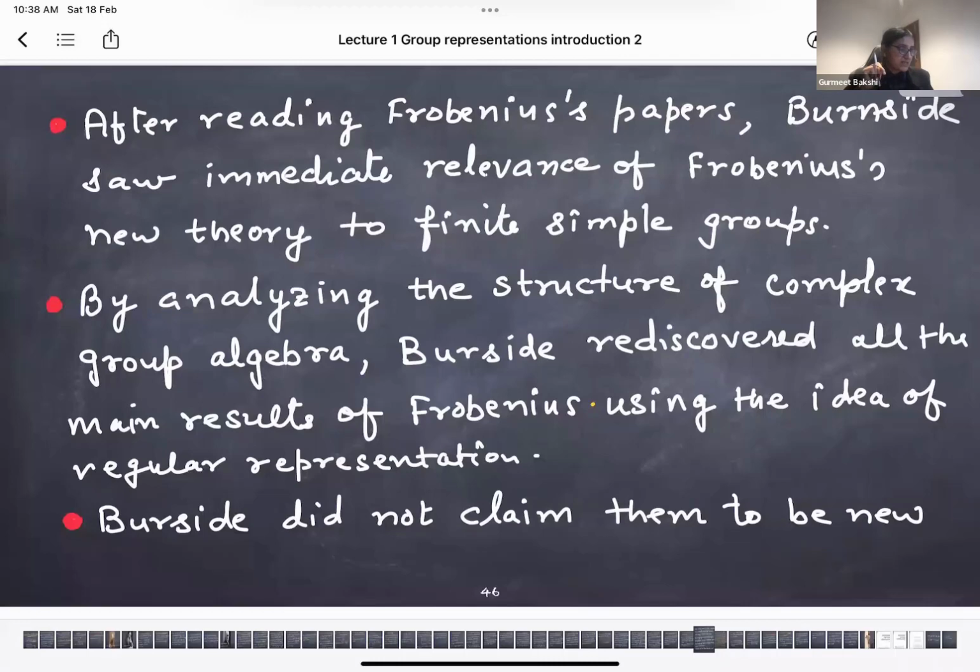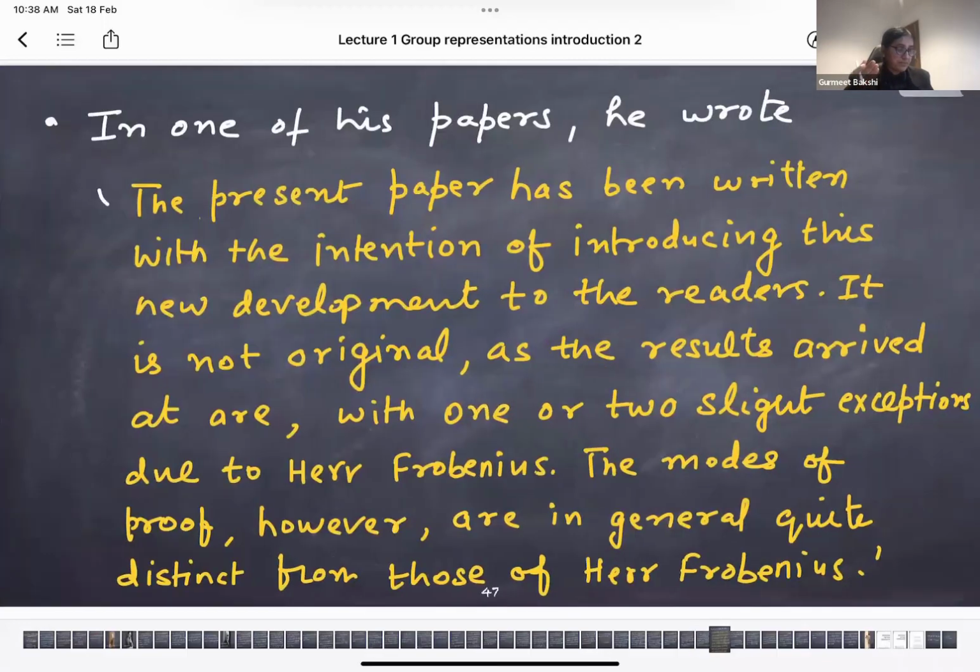By analyzing the structure of the complex group algebra, Burnside rediscovered all the main results of Frobenius using the idea of a regular representation. I will define regular representation in my next talk. Burnside did not claim the results to be new, although he proved them entirely in his own style, in his own way.